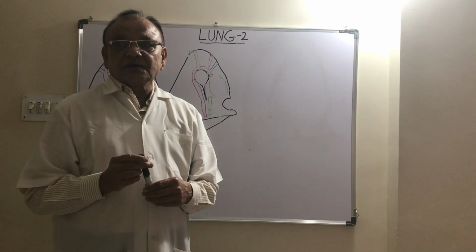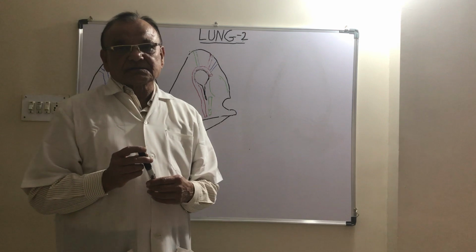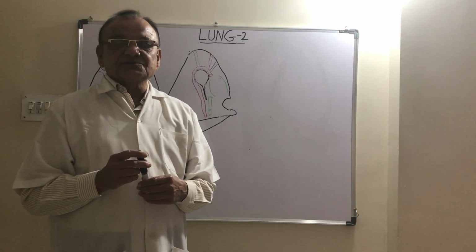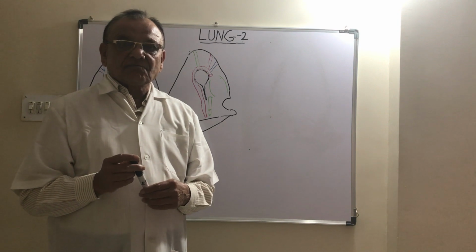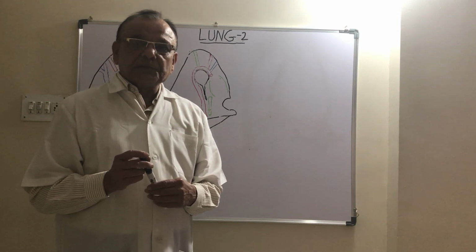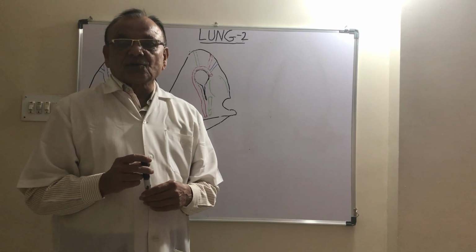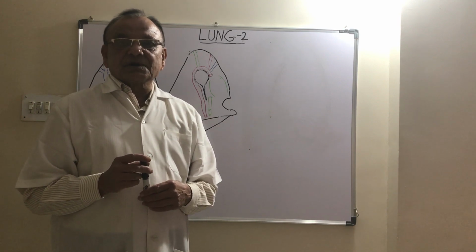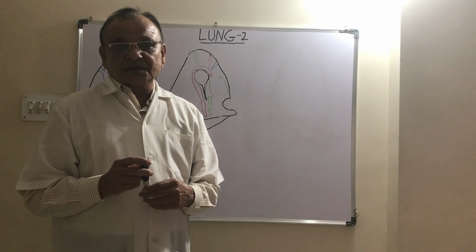To revise the structures which pass through the hilus. First one is the bronchus. On the right side, two bronchi, eparterial and hyparterial, and on the left side one bronchus, the principal or primary bronchus.